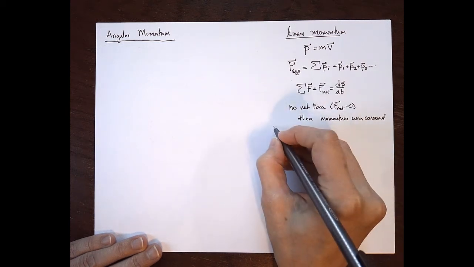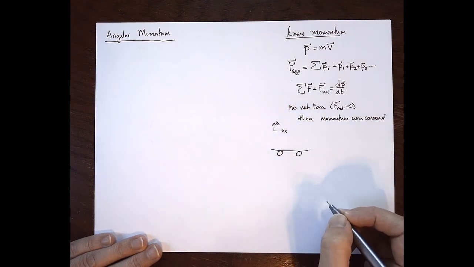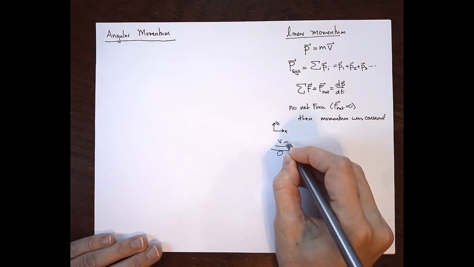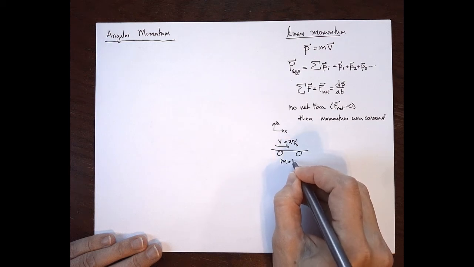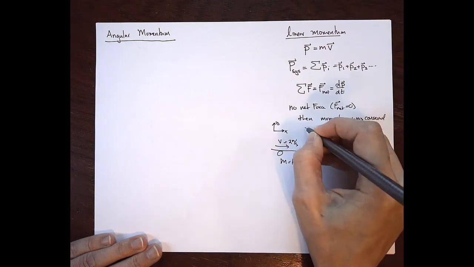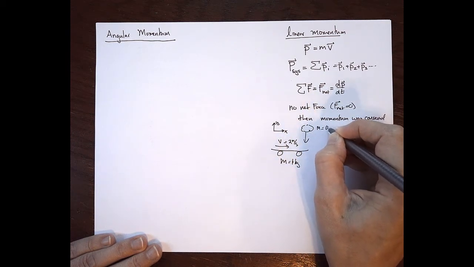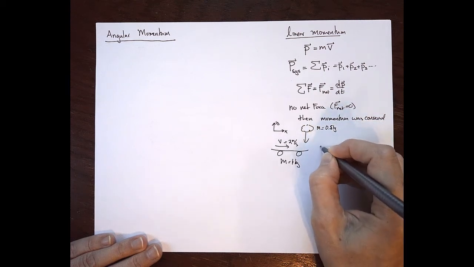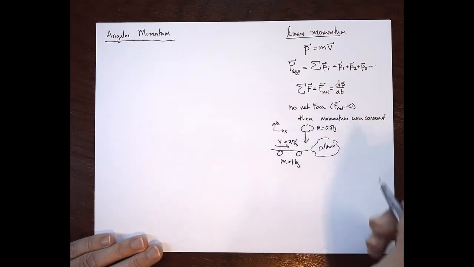So you could do collision problems looking at the momentum. So here, let's just do x is horizontal and y is vertical. We'll have a little skateboard. It'll be traveling along at a speed, let's just make it 2 meters per second. It'll have a mass, let's call it 1 kilogram. Then if we drop a blob of clay right on it, let's say that blob of clay has a mass of 0.5 kilograms, then there'll be a collision between the clay and the skateboard.